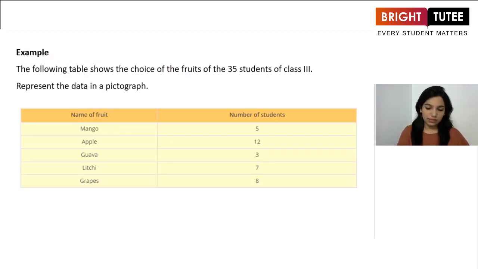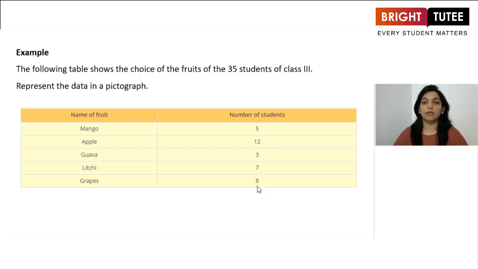Let us look at this example. Here it says the following table shows the choice of the fruits of the 35 students in class 3. Represent the data in the pictograph. So what you see in front of you is the name of certain fruits that is given, and corresponding to it you see the number of students.